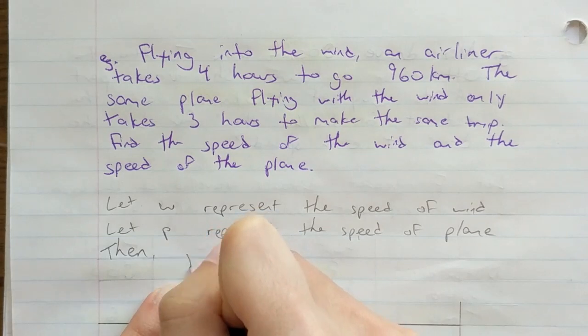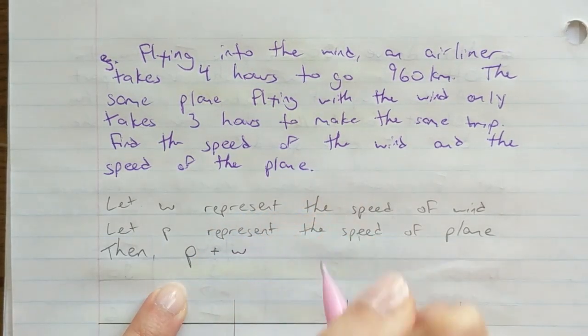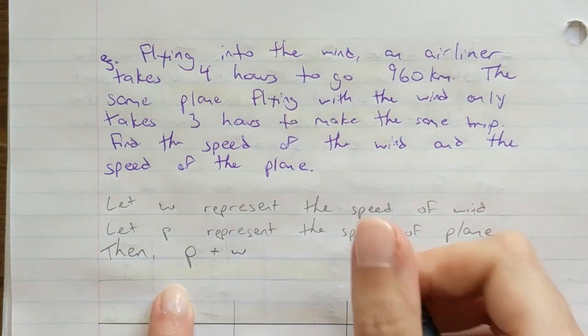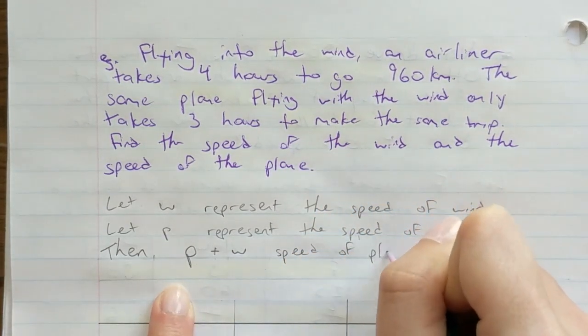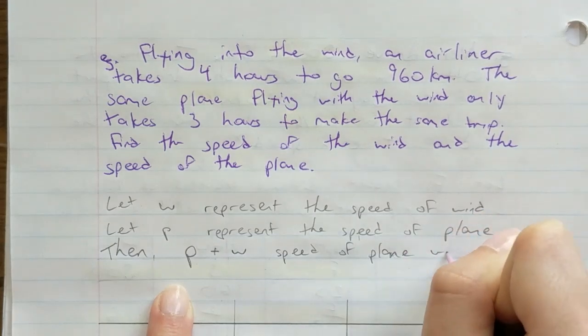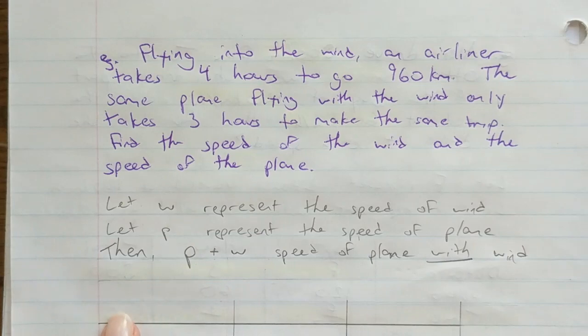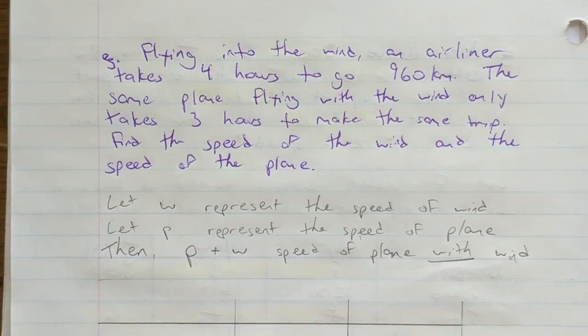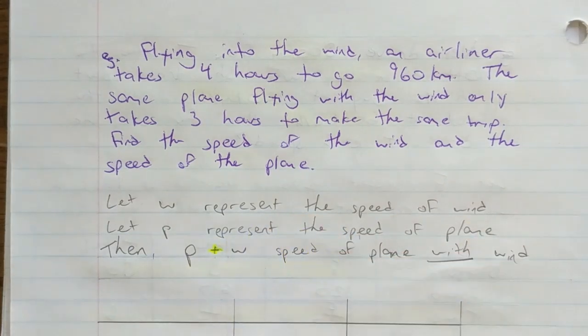when we are flying the plane and the wind is on our side, P plus W is the speed of the plane with the wind. That makes sense, right? With the wind means it's happening, like they're happening together. So I can add those two values.